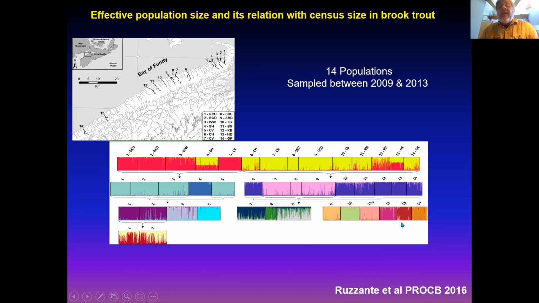And then finally, when you have populations individually, you find that most of them are represented by a different color. I should say that each of these vertical bars represents the genotype of a single individual. Different color suggests that the population is genetically different from the neighboring population.